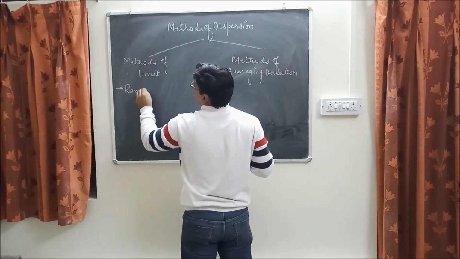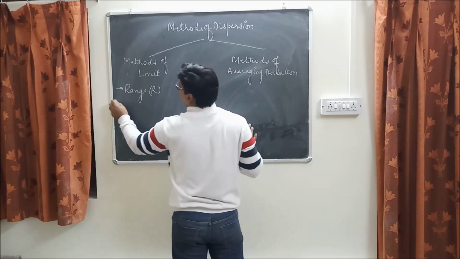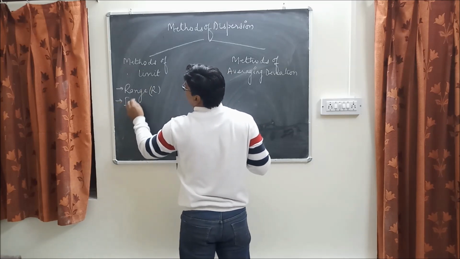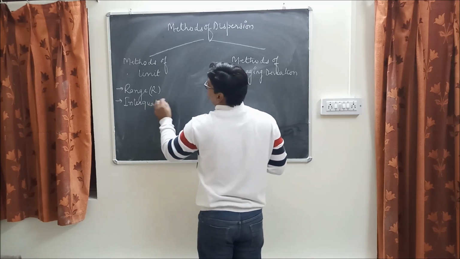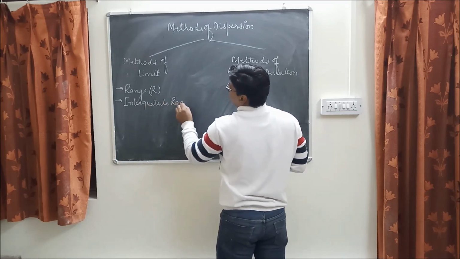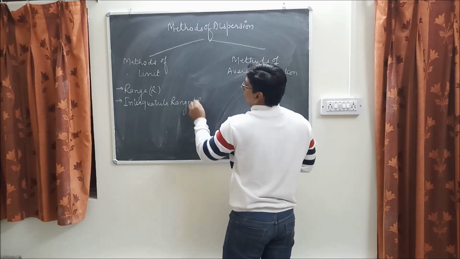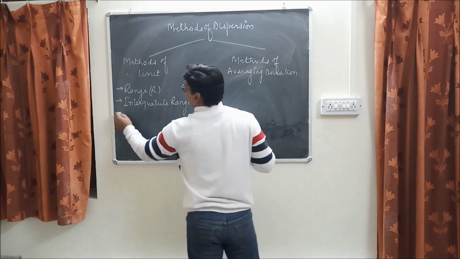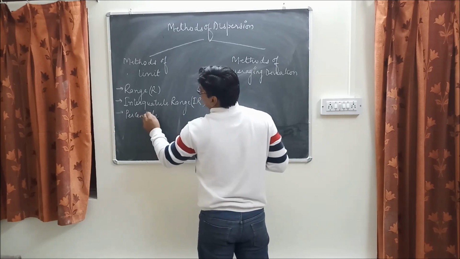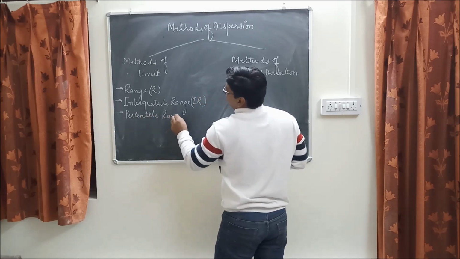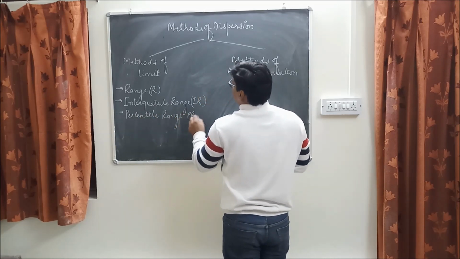In methods of limit, first is range R, second is interquartile range IR, and then percentile range PR.